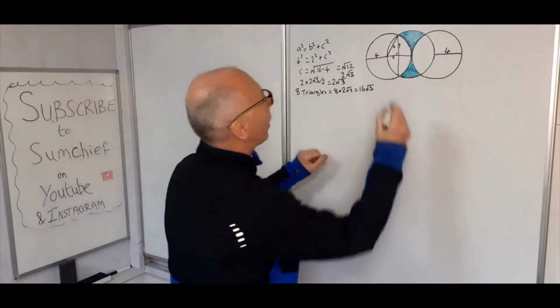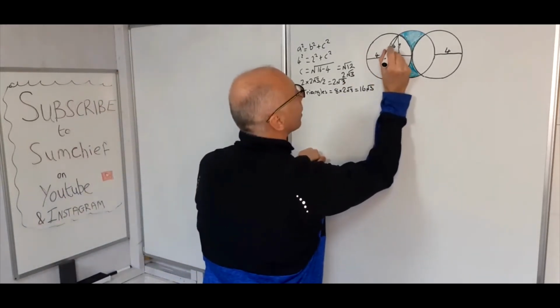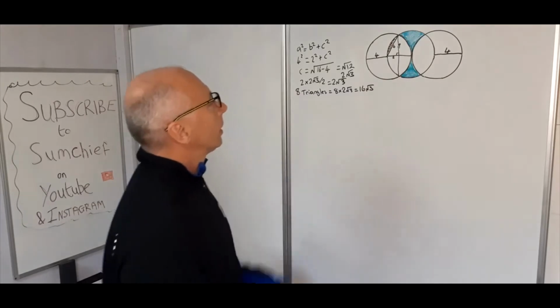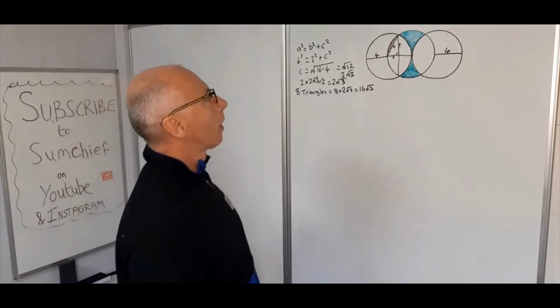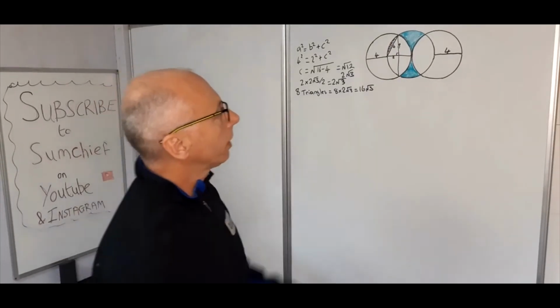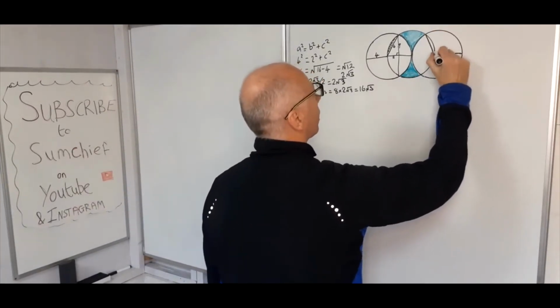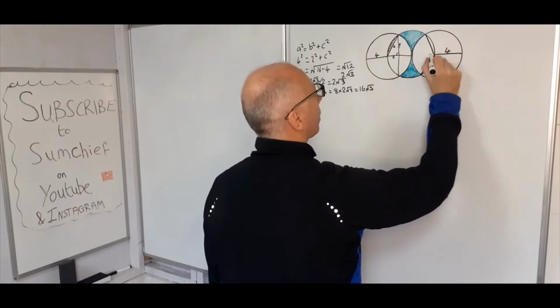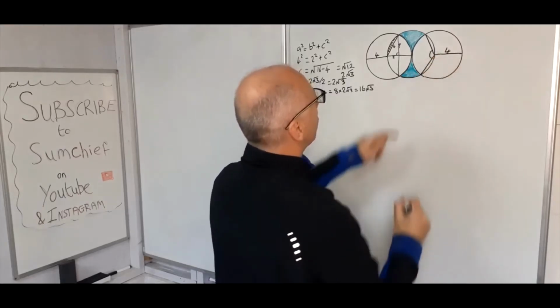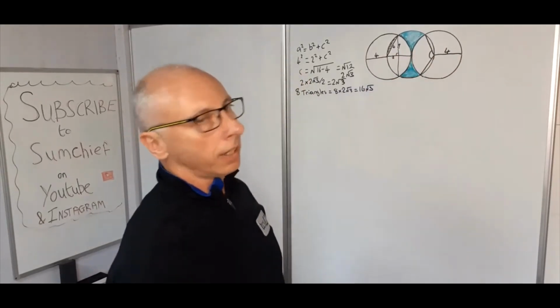Now what we need to try and find is these little bits here. So how can we do that? Well, we can see a sector here. So if we draw a line down here and a line down here, somehow find this angle, we've got ourselves a little sector here.